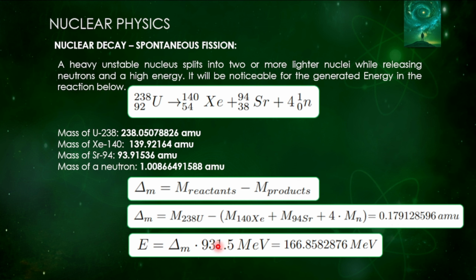Multiplied by 931.5 mega electron volts, you get 166.858 mega electron volts, which is a very significant energy for one atom of uranium. You multiply that by a much larger number of atoms and you get an energy that can destroy an entire city. This is how nuclear fission works.